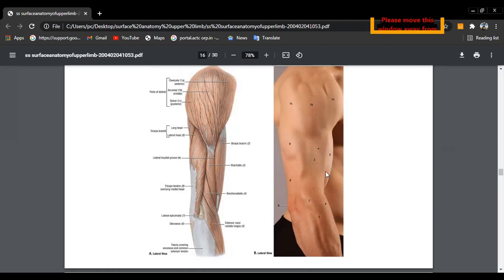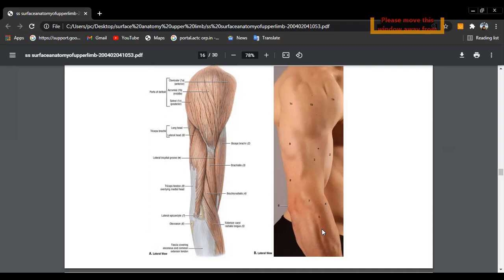Okay, and as you move down, what are the various other muscles we have? The seventh point, you can see, is the lateral epicondyle of the humerus. This bony projection you are finding here is the olecranon process of the ulna bone. The first muscle which has been named number 4 is brachioradialis.